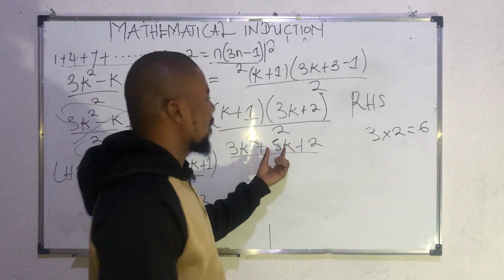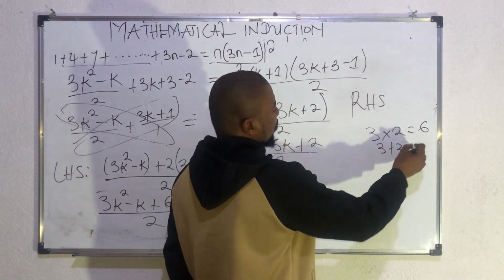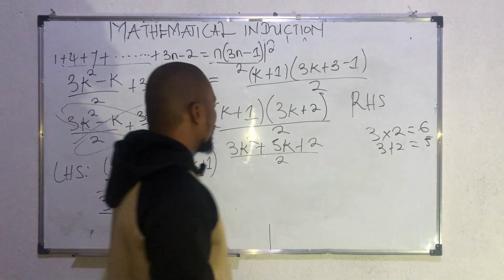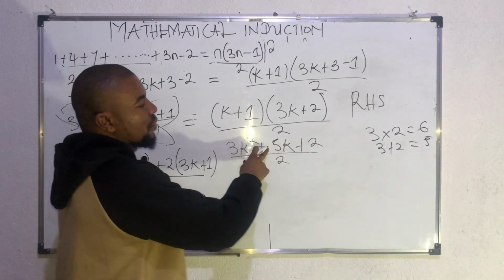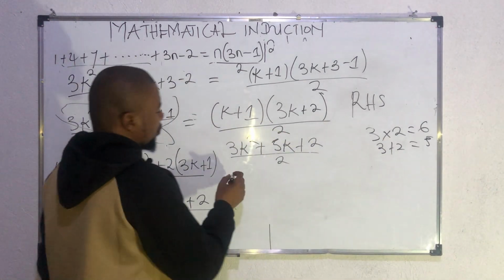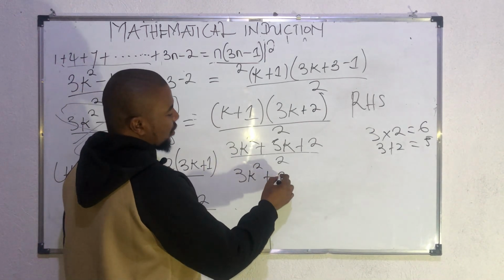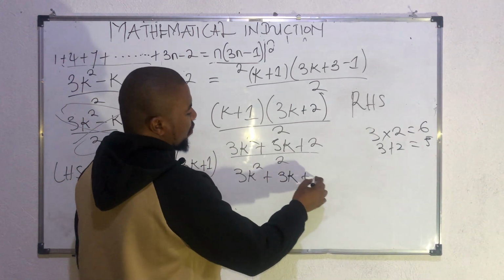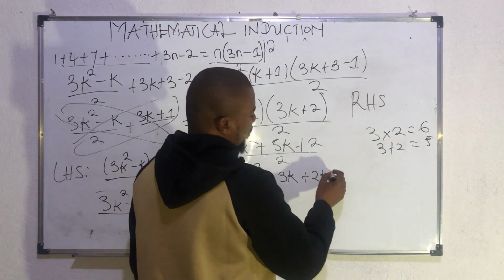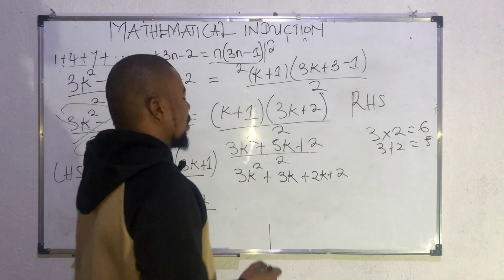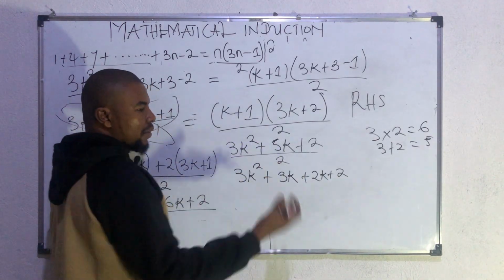Can we get a 5 by adding them together? Yes. 3 plus 2 is equal to 5. So we split the middle term and replace 5k with 3k plus 2k. Hence, we have 3k squared plus 3k plus 2k plus 2.